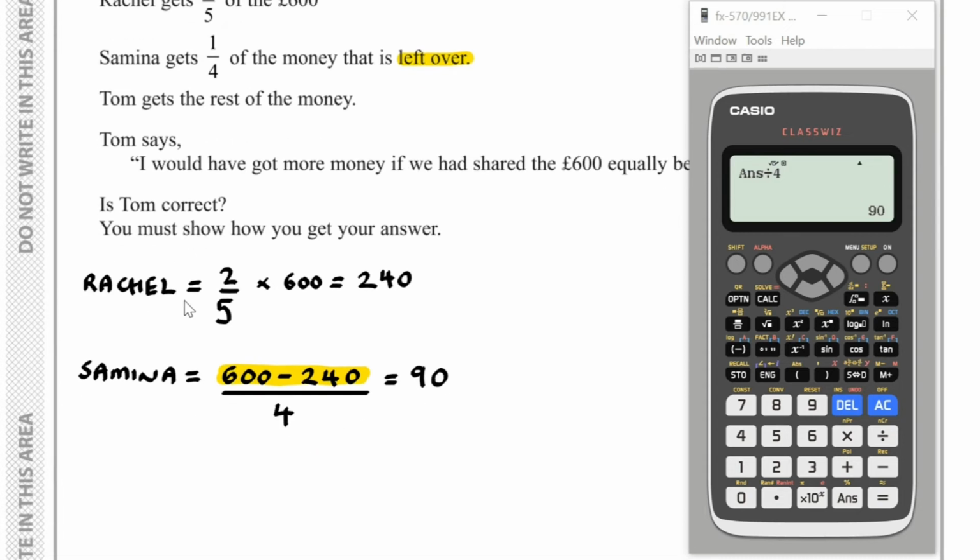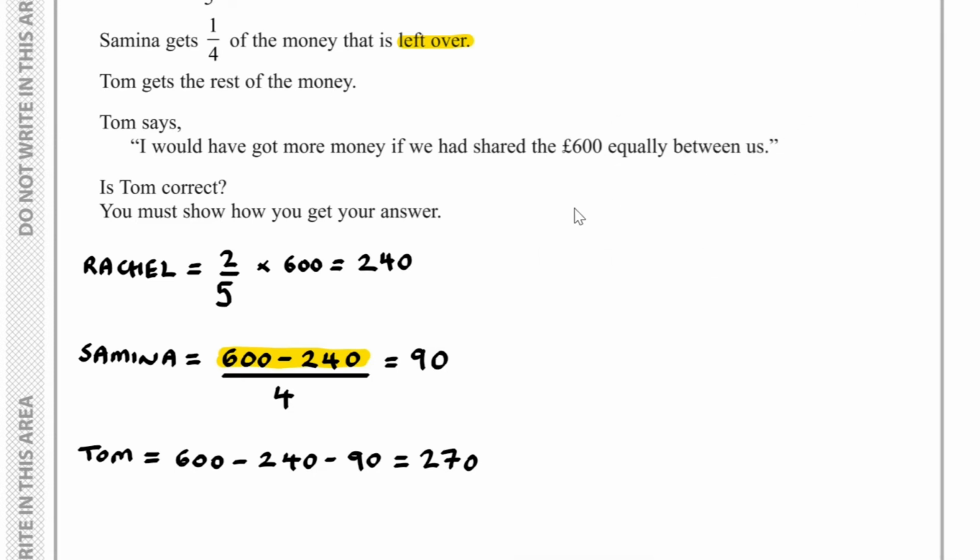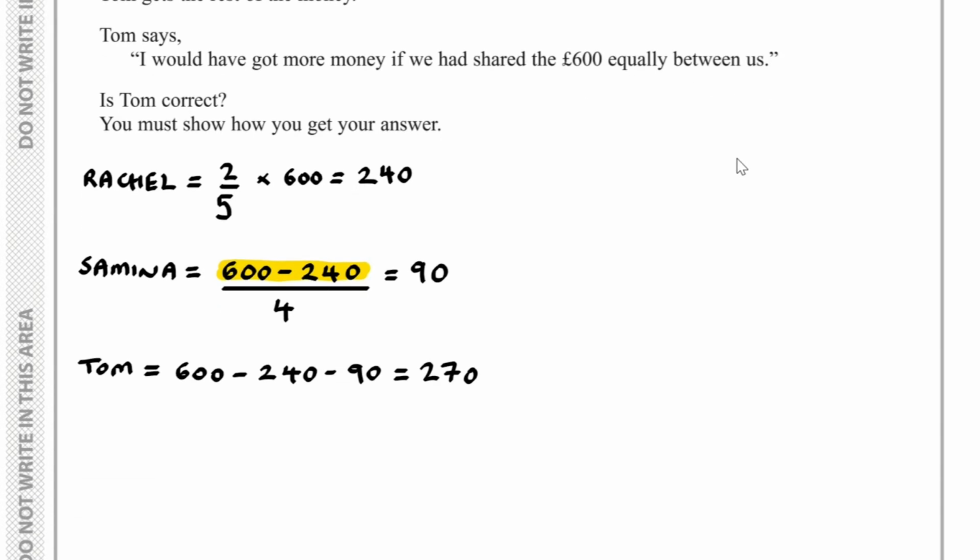And Tom gets the rest of the money. So Tom gets 600 take away 240 take away the 90. So 600 take 240 take 90, that's 270. And so Tom is saying, I would have got more money if we shared £600 equally between us.